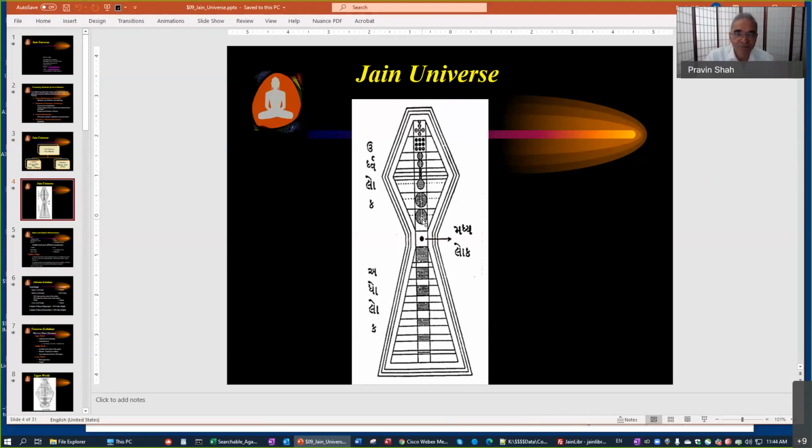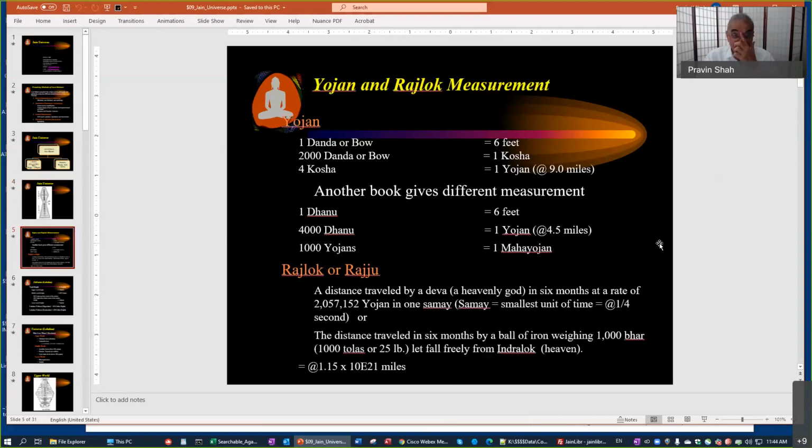And what we told you at that time: what is the definition of a Rajlok? What is the height? When you say 14 Rajlok height, what is the height?